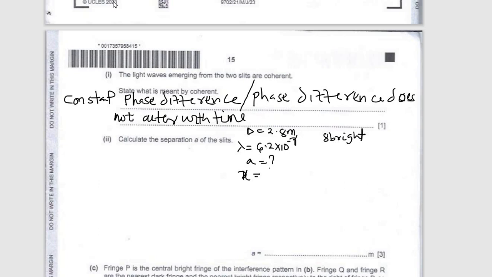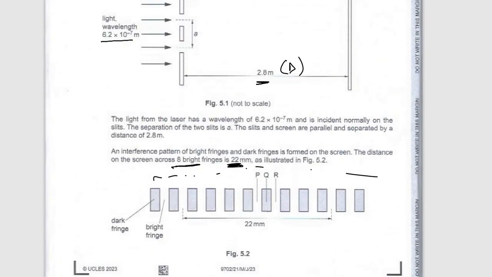The question said 8 bright fringes is 22 millimeters.